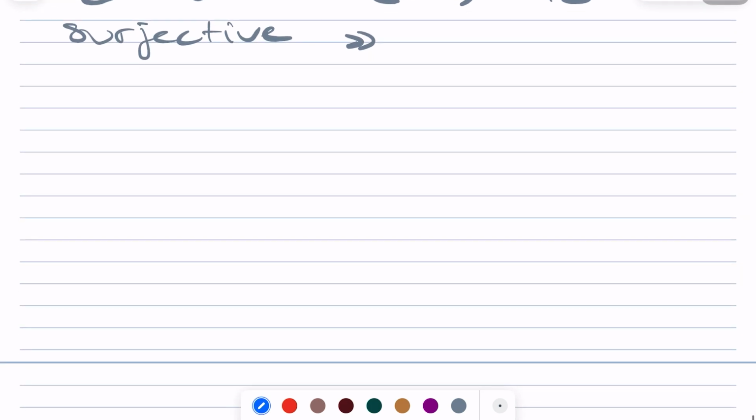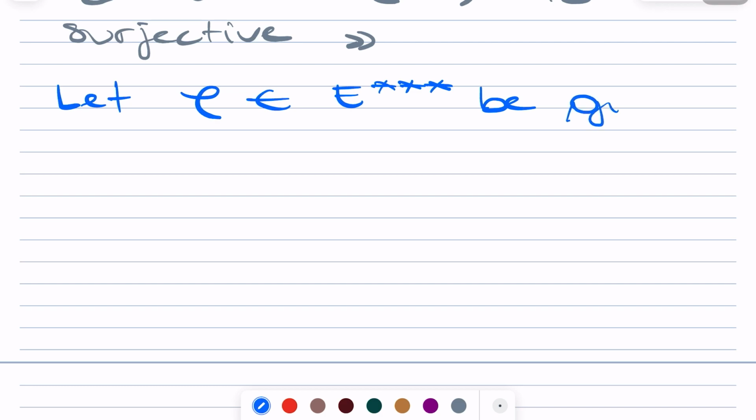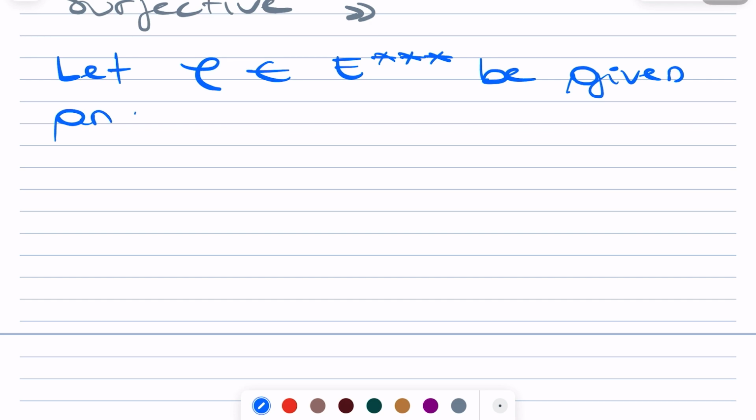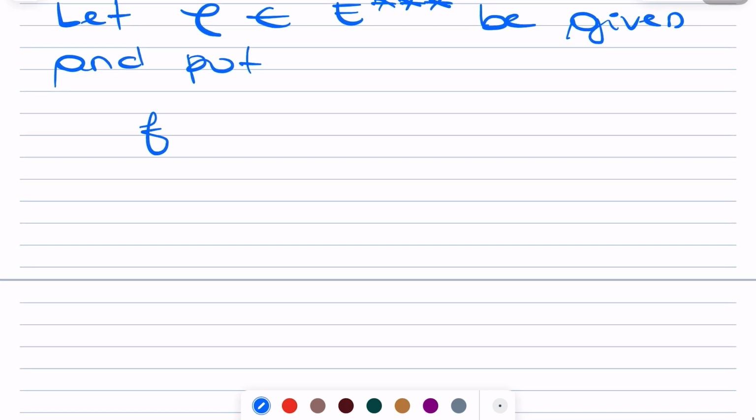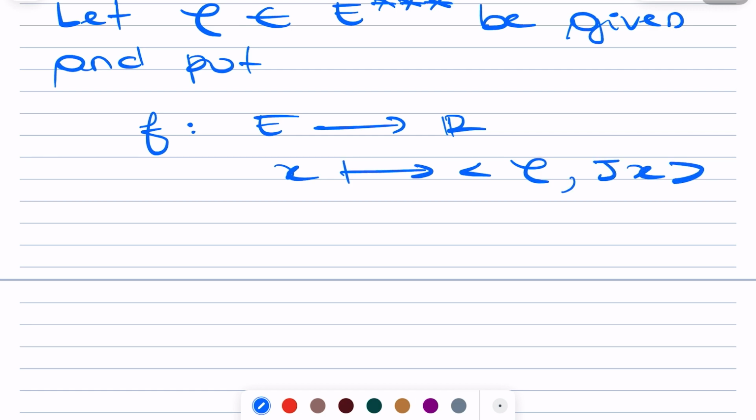So let phi be an element of E star star star be given, and put f, defined from E into R, by f of x equals the dual pairing of phi and Jx.